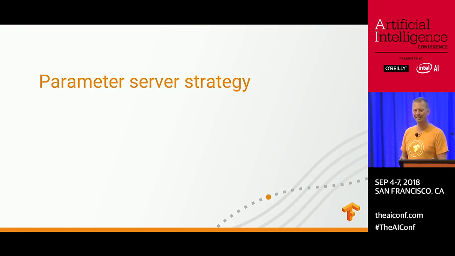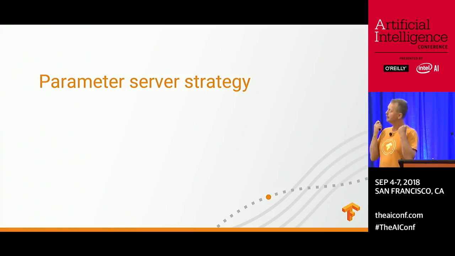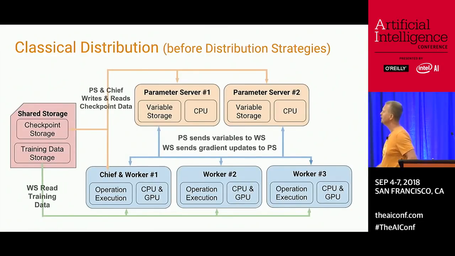Once we roll out distribution strategies, that's the way to go. So what I'm describing here is essentially the parameter server strategy, but instead of describing it in the old classical way of doing TensorFlow, I'm going to describe how to do it with distribution strategies. Does that make sense? If you didn't understand that, and you haven't used the old one, just don't worry about it. Just listen to what I have to say here.